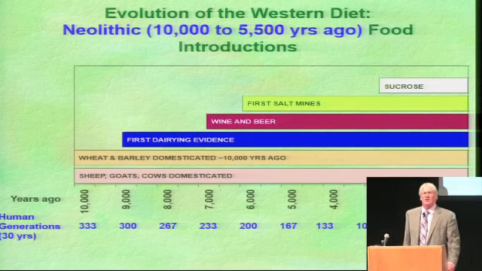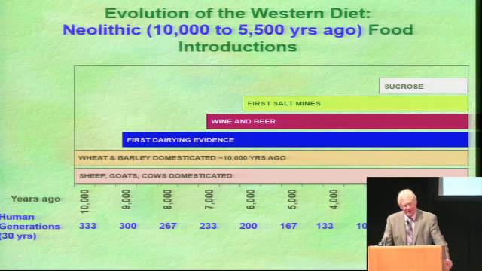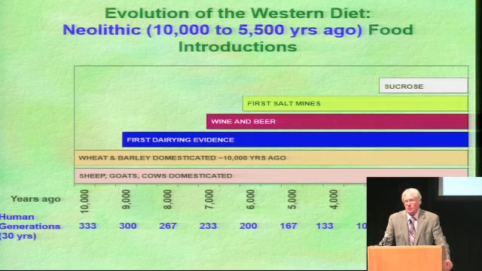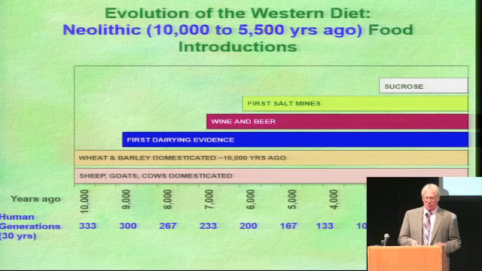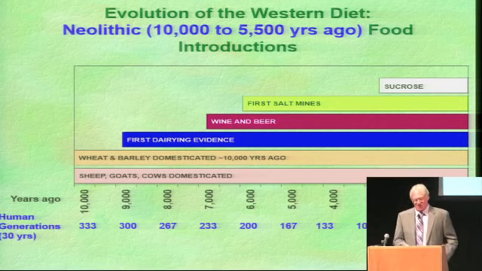Here's another way of looking at the Western diet, and how, as it evolved, the Neolithic was the first major change. Once we were no longer hunter-gatherers but farmers, this was the Neolithic period from 10,000 to about 5,500 years ago. This is when things really started to change. We started to domesticate animals, we started to domesticate cereal grains, we settled down in villages.